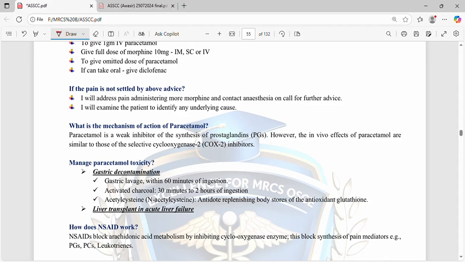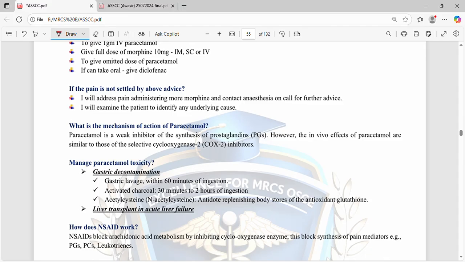So basically what happens is that paracetamol produces a very toxic metabolite, which actually eats up the glutathione.